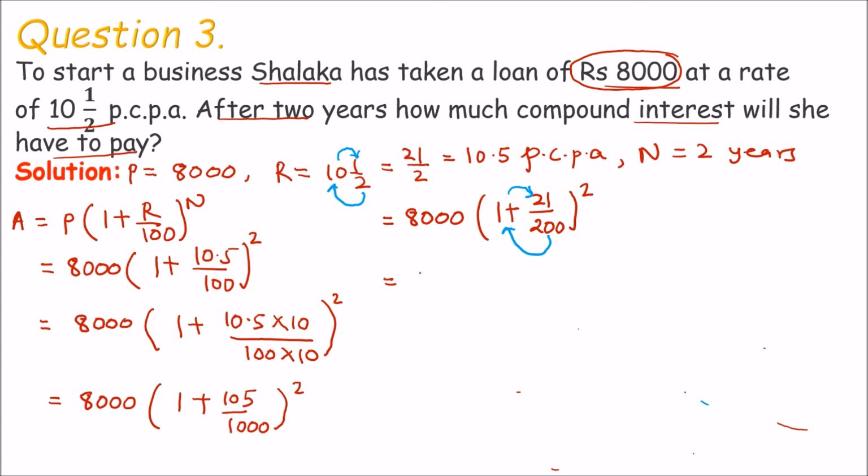So here we will get 8,000 (221/200) raised to 2, which we can write as 8,000 into 221 upon 200 into 221 upon 200.